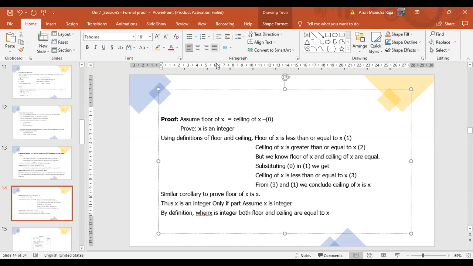Students, what is meant by floor function? Yes, Leela, Nitya, please.